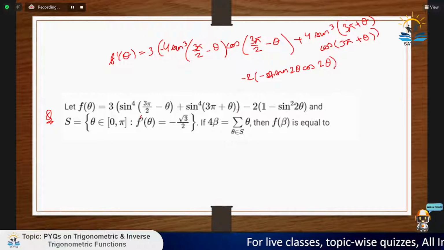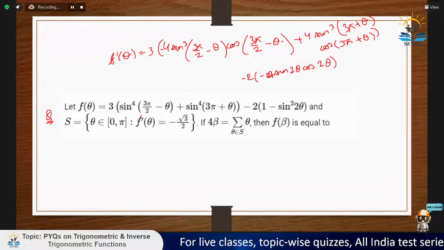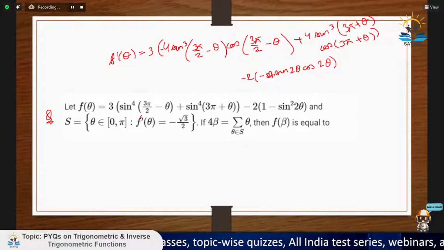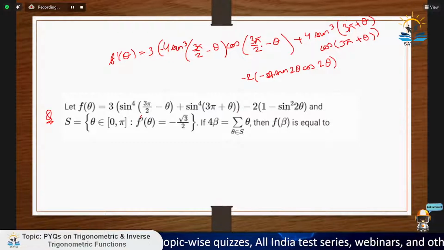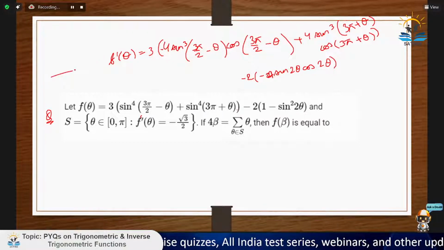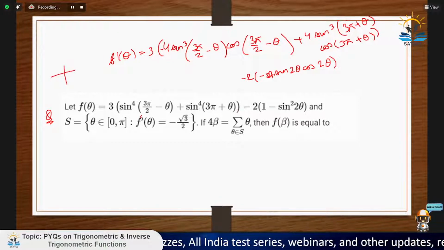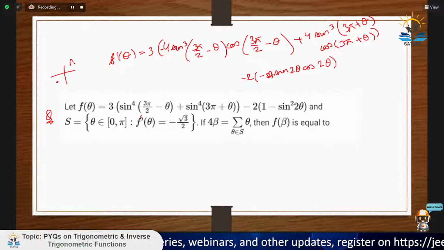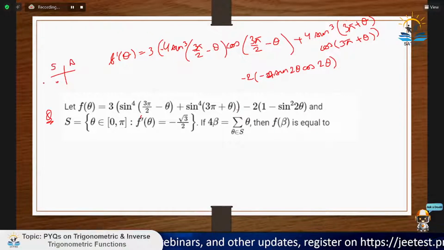Okay, so now you can see that when you check 3 pi by 2 minus theta, it is an odd multiple of pi by 2, and 3 pi by 2 is 270 degrees, this is 90, this is 180, and this is 270. So 3 pi by 2 minus theta lies in this quadrant, and you know that it is ASTC.